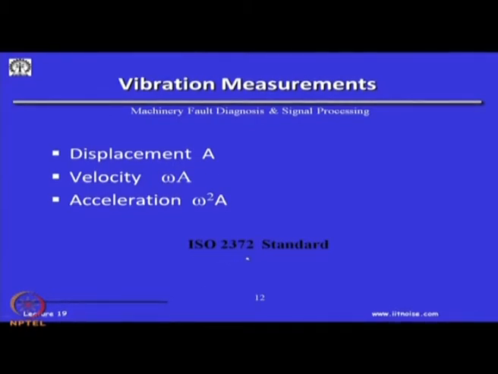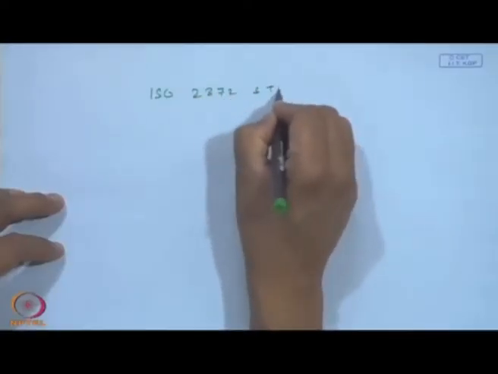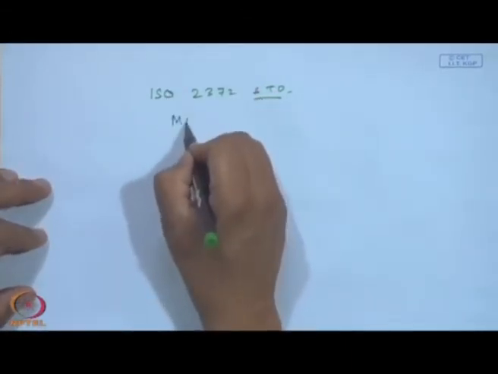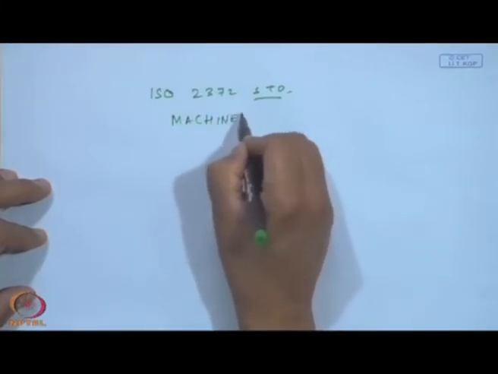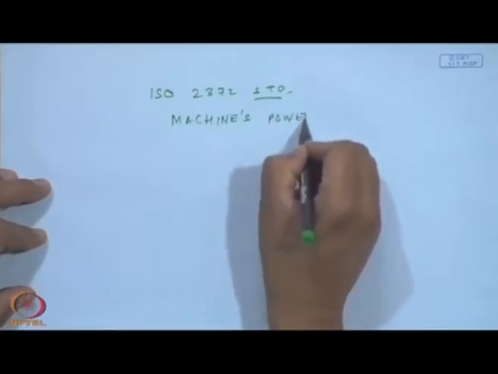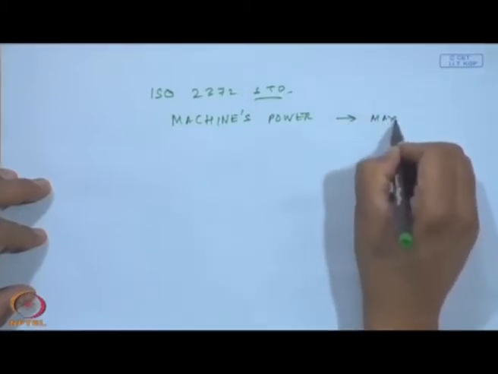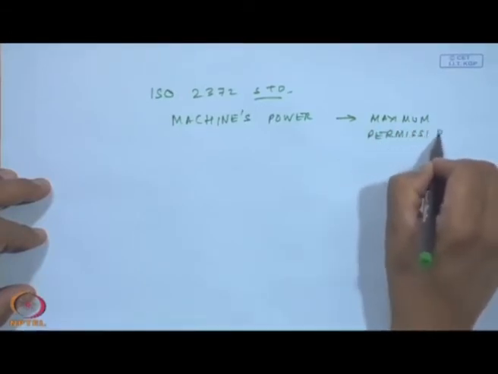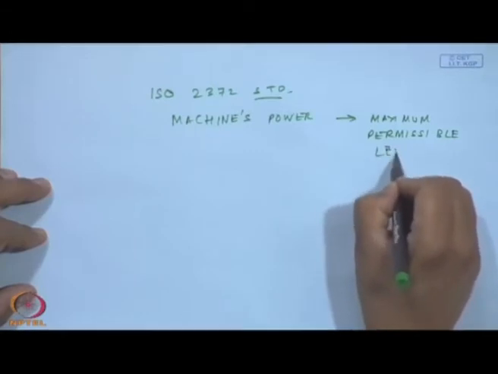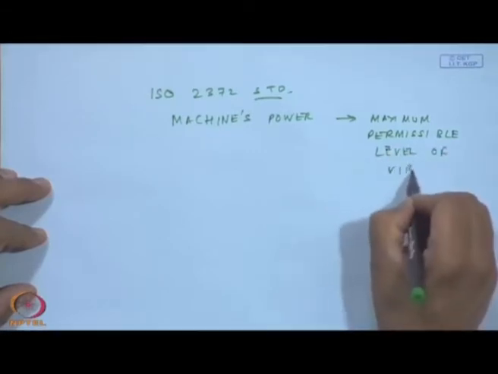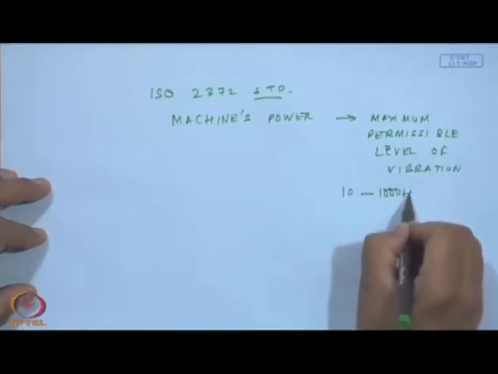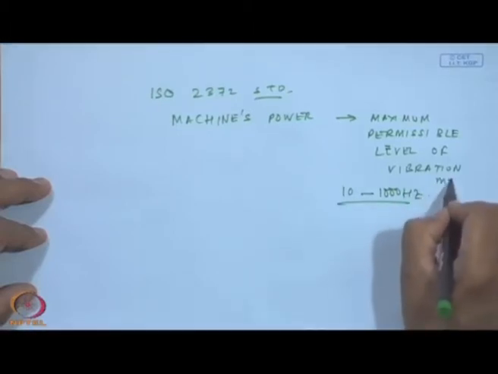So, there is a standard, ISO 2372, and recently it has been updated, and that is a newer standard I will tell you about in the next class, that tells the machine's power as to the maximum permissible level of vibration in a frequency range of 10 to 1000 hertz, and this is usually in millimeters per second.